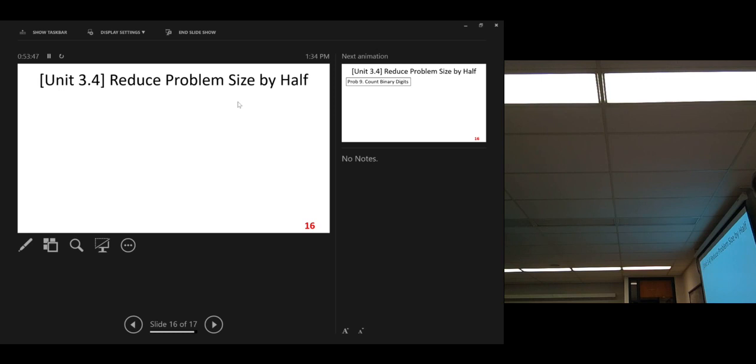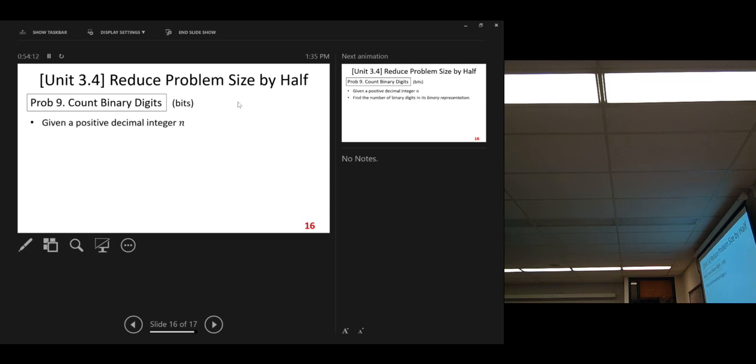All right. Let's look at the problem first. Count binary digits. The problem is not that hard. Binary digits we also call bits, the number of bits. Given a positive decimal integer n, we want to convert it to a binary number.